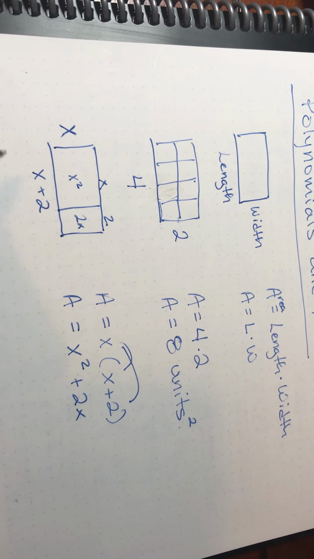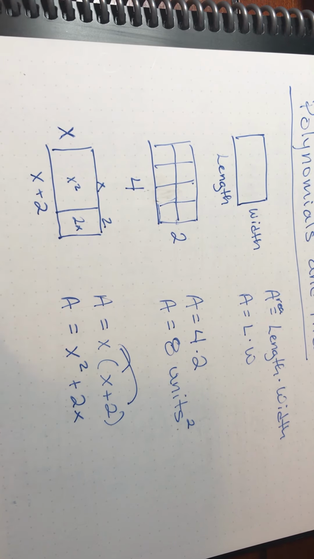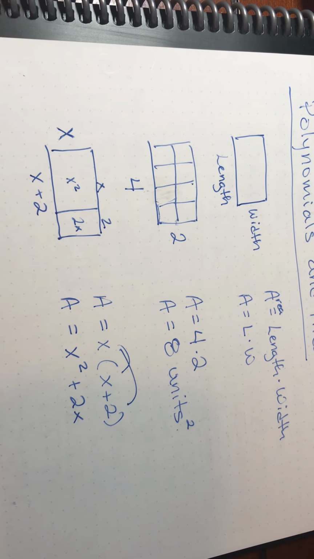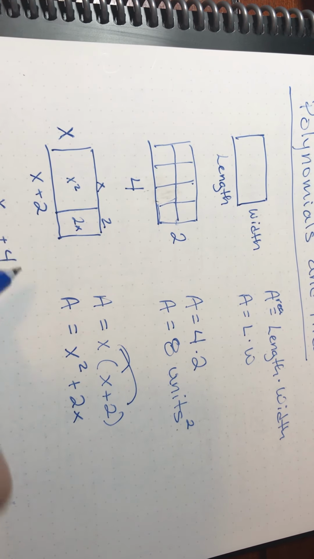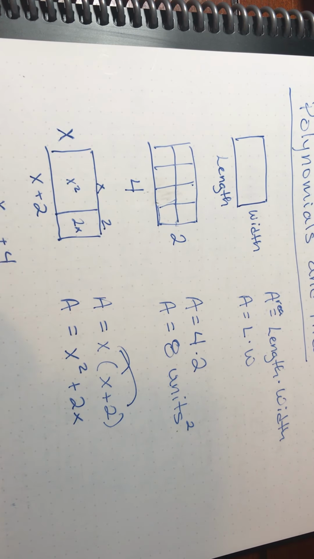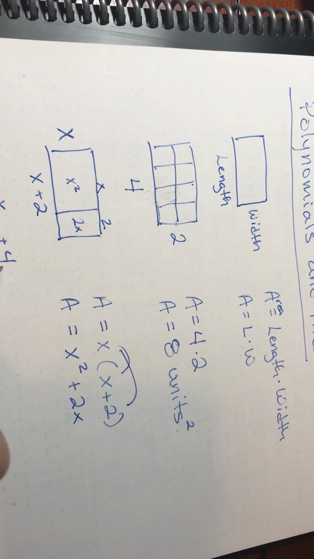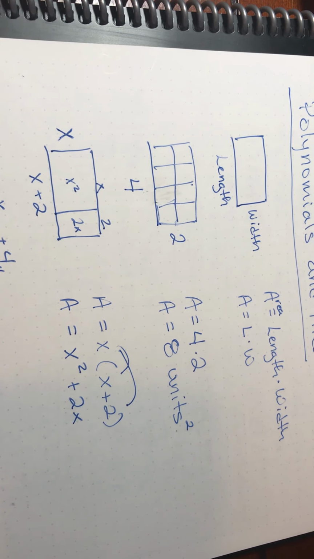All right, let's do another example. Let's say we have x plus 3 and this is x plus 4. So here we have, this is x, this is 3, this is x, and this is 4.